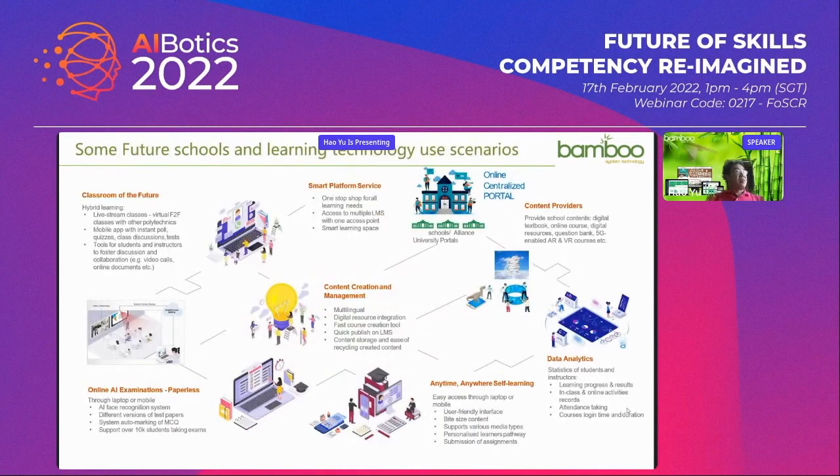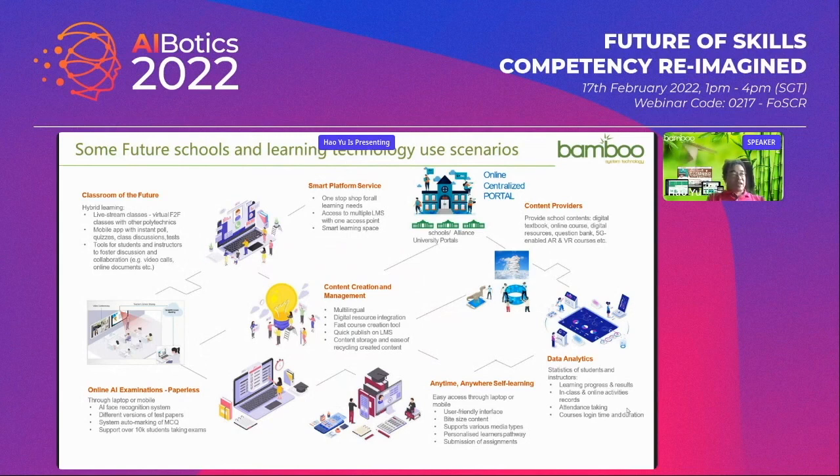And these are some of the scenarios where we see technology and some change of education can take place, whether in the classroom or in the examinations, or even in the content, which is very important. When you design any class, whether online or offline, you design the courseware, curriculum and content with the technology. And with that technology and the platform, the education service can be delivered and conducted to the end users.